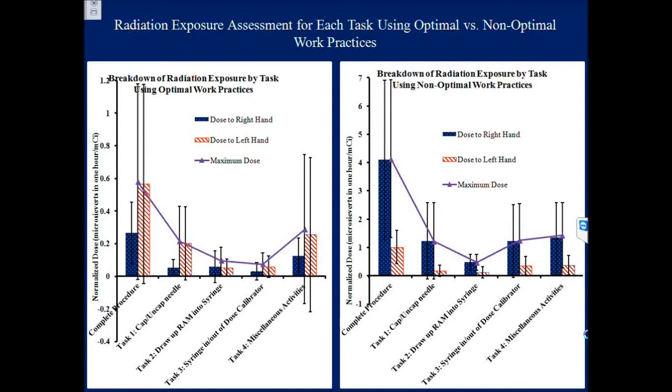So then, in my comparison of the actual radiation exposure on my dosimeter, you're going to look at the hand that gets the most exposure. That's the one that's going to be recorded for documentation by the RAM or by your radiation safety officer. They're going to record the hand that's getting the highest exposure.